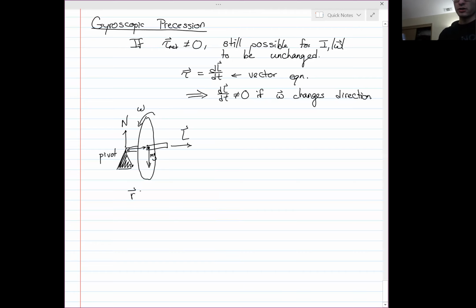So let's give a set of axes, x, y, z. R is, say, a distance d in the i hat direction. It's pointing from the left to the right. The force due to gravity is negative mg in the j hat direction.